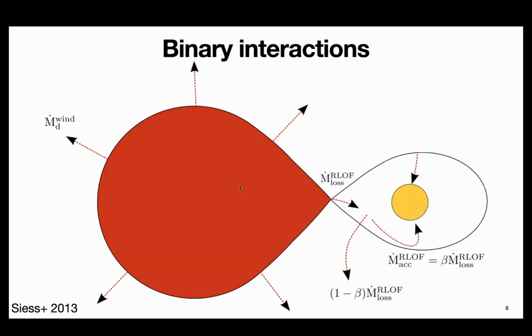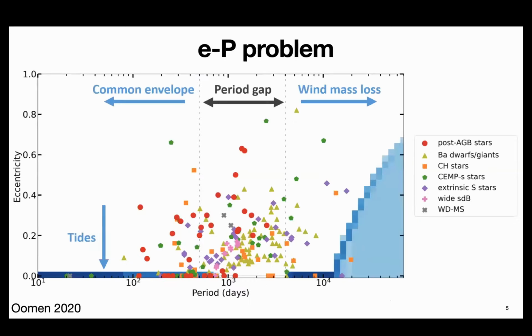For giant stars, like AGBs and RGBs, it is thought that this process is unstable. So it's a runaway process, meaning that the star will start expanding more and more when it's transferring the mass, and it will kind of engulf this companion. When that happens, the orbit is made more narrow. So that's this movement to the left, and this is called a common envelope.